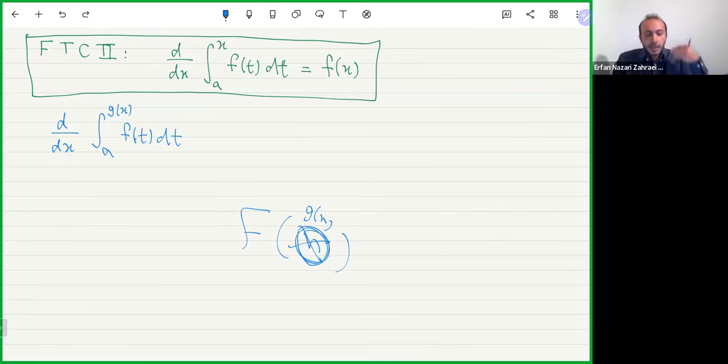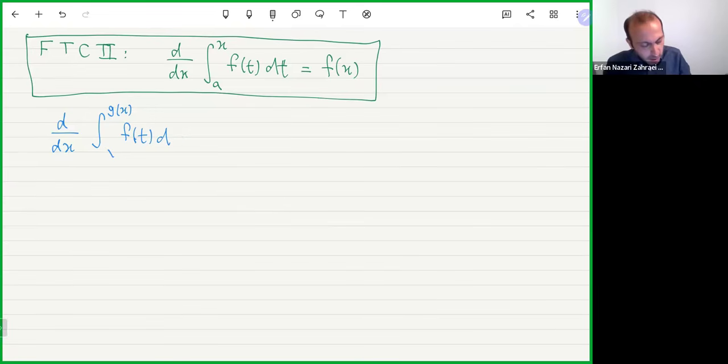So basically, it's this thing combined with the chain rule. Let me explain it in more detail. It's as easy as this, but to make it clearer, let me give a name to different things. Let's define, or give a name to, this function.